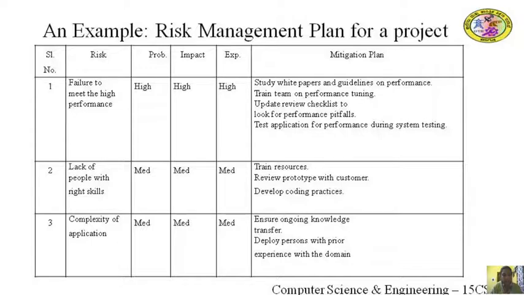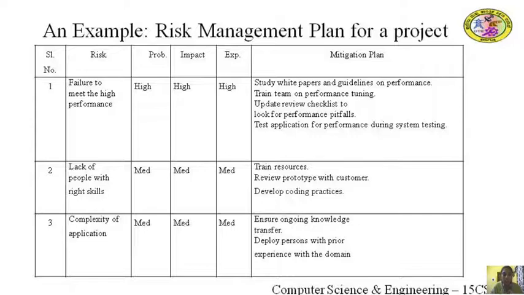The first risk identified here is failure to meet the high performance, which has the probability as high, impact also as high, and the exposure of the risk is high as well.